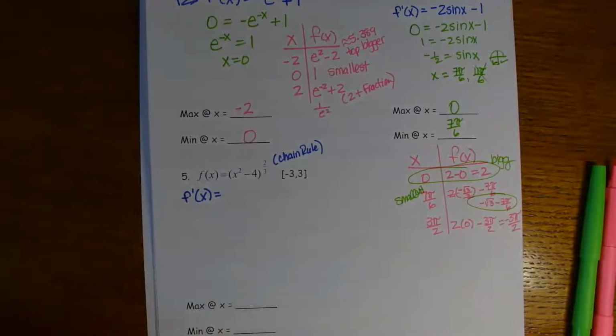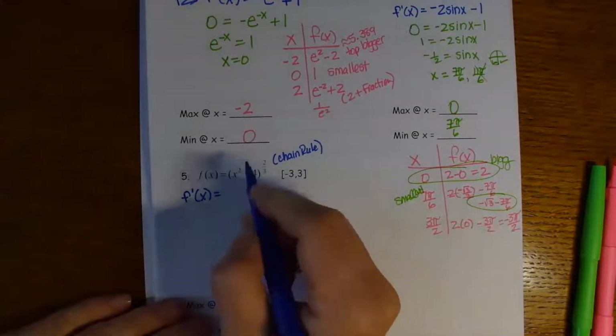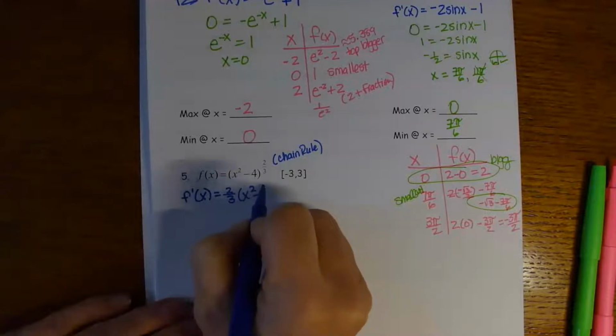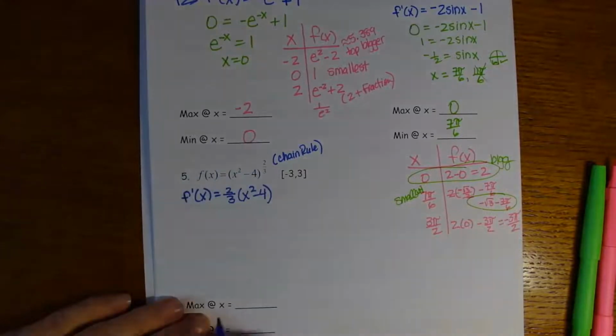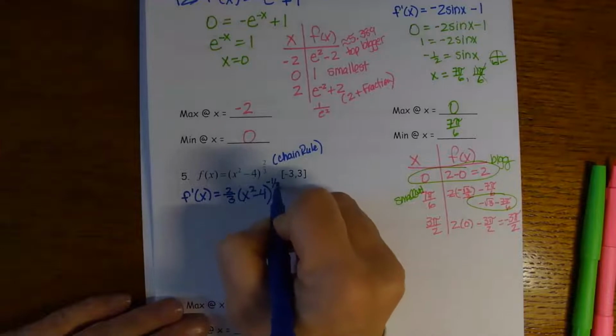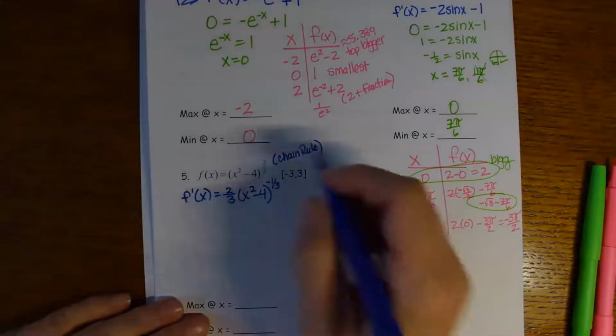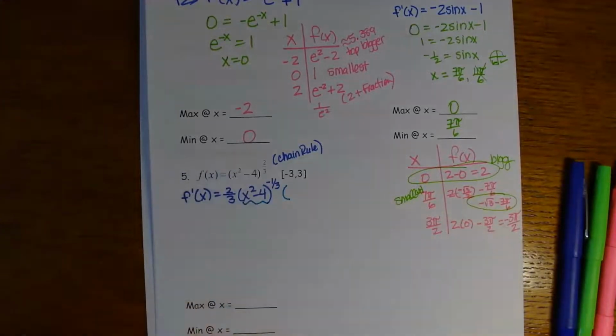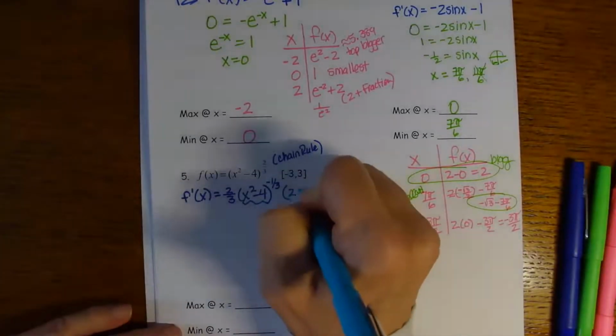Besides the power? Yes, it could happen. What's the chain rule? Bring 2/3 to the front. Subtract 1. What's 2/3 minus 1? Negative 1/3 times, right? The derivative of the inside. What's the derivative of x squared minus 4?